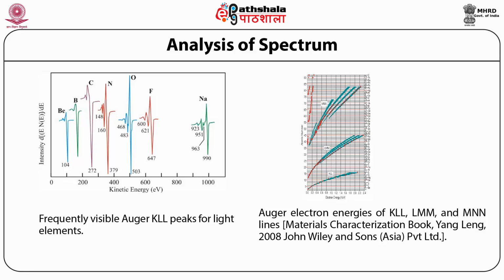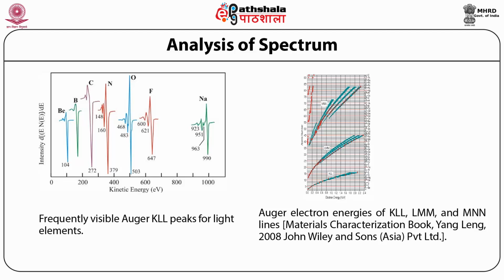Qualitative analysis of AES includes identifying elements from the location of the peaks in the energy spectrum. The light elements are identified from the dominant KLL Auger lines in the spectrum range. For elements of atomic number higher than 15, either L, MM or MNN Auger lines dominate the spectrum.